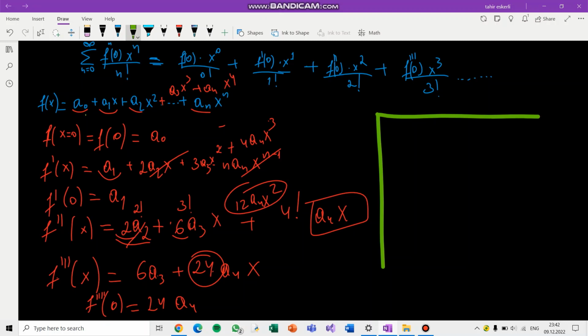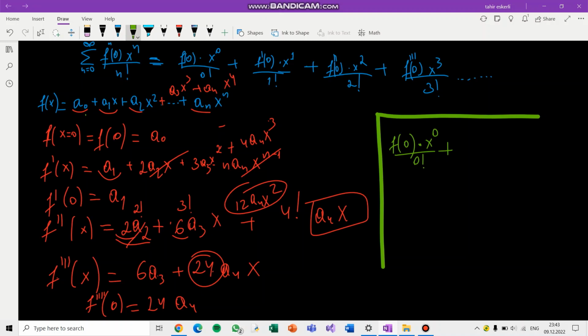What is a0? a0 is equal to f0 without any derivative, and here it can be written as x to the power 0 divided by 0 factorial. This is also equal to f0. Why did we write this term here? You can ask me. But in order to find out, we should go through the other terms of the final formula.